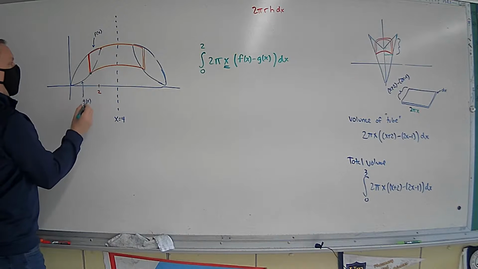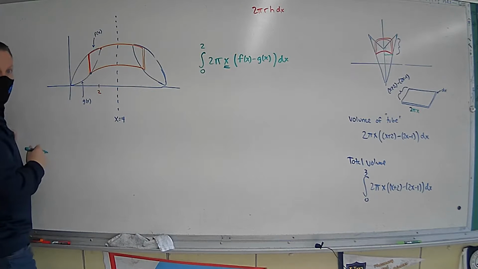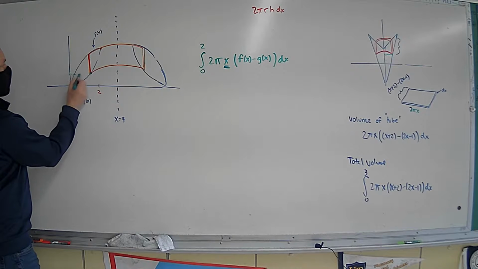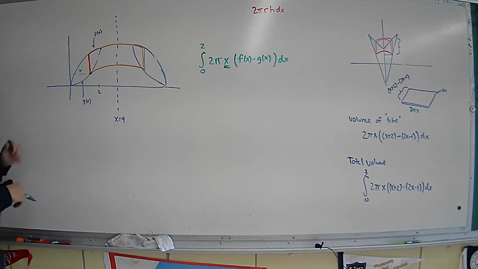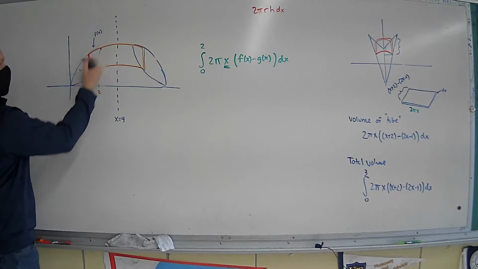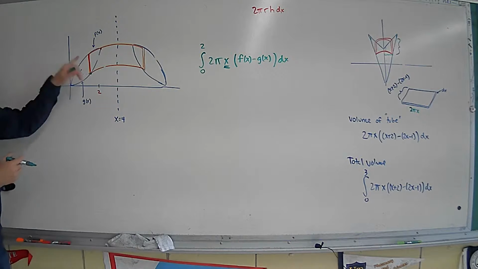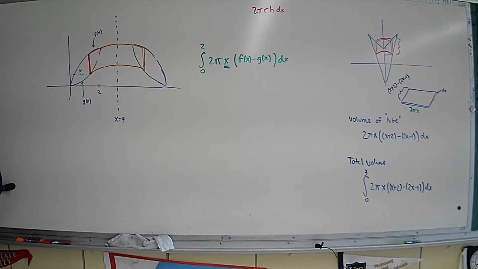Because if I think about that point right there, that distance is x. And this distance, the vertical distance, is f of x minus g of x, right? But that's not the radius of that orange tube.